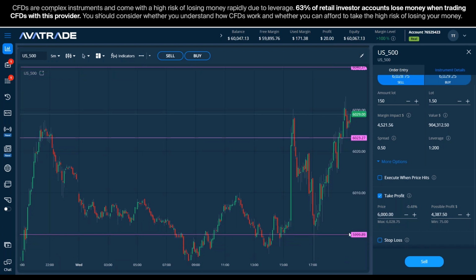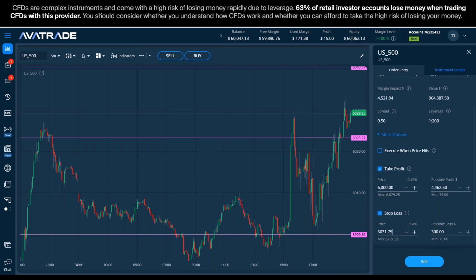Okay, there's 6,000. Okay, stop loss above the all-time high at 6,050, which is our entry on the pending order, the buy pending order. So again, better ratio, potential profit to risk, to sell on a potential pullback. That's a market move if you want to sell on this situation.